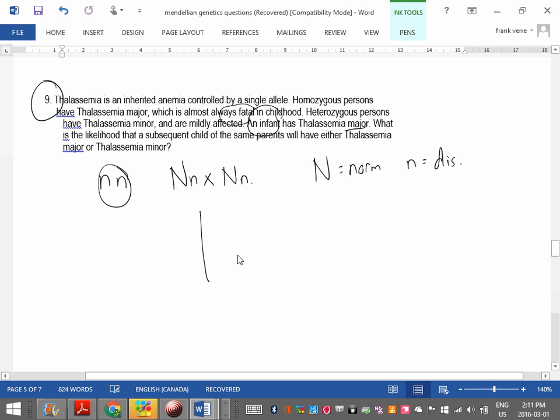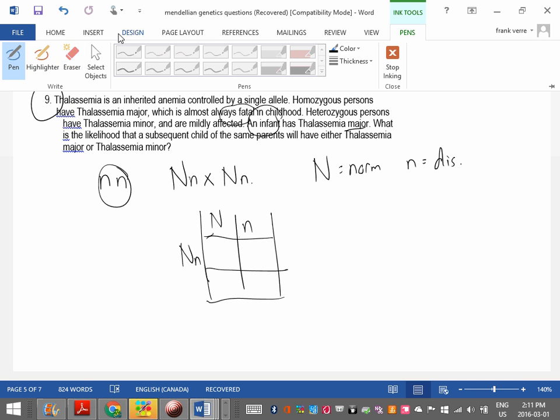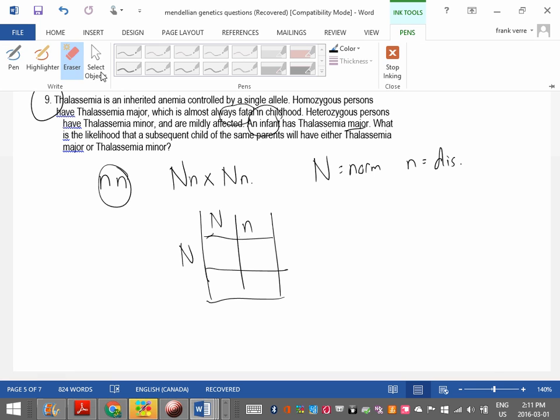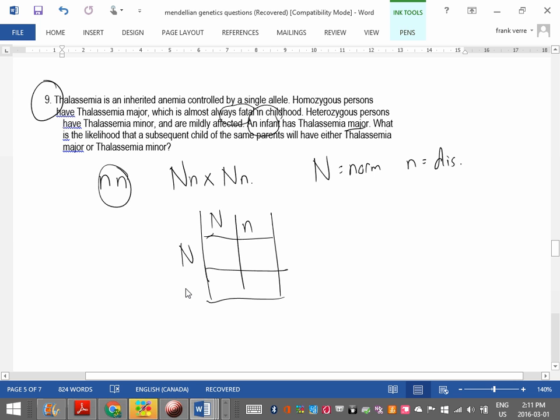So if they're carriers, I'm actually a little bit reluctant to call them carriers because remember I defined a carrier as something that has the allele and you see what? You see nothing, like no signs, right? But it actually says you have some mild affliction, right? So that's okay. We'll still call it a carrier.